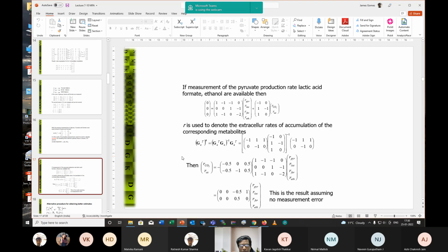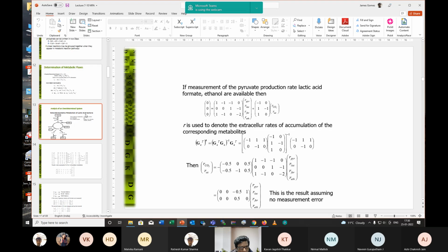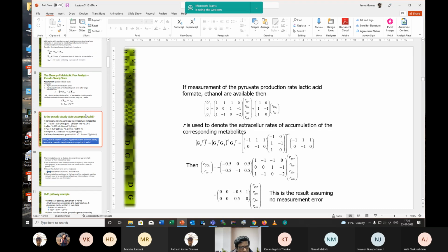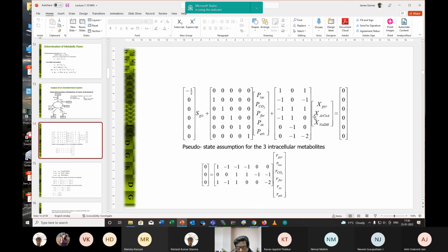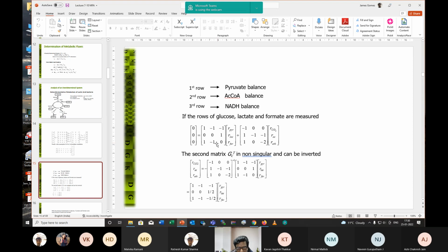Now we're looking at the case of an overdetermined system, which means there are more measurements than the number of equations. If you remember what I had shown you earlier, when we were doing this here, we had 3 unknowns in this part of the equation, which gave us this breakup of 3 and 3.